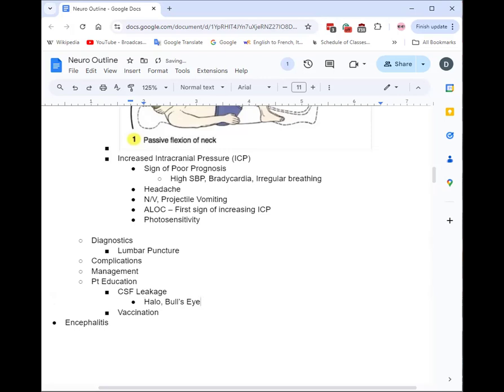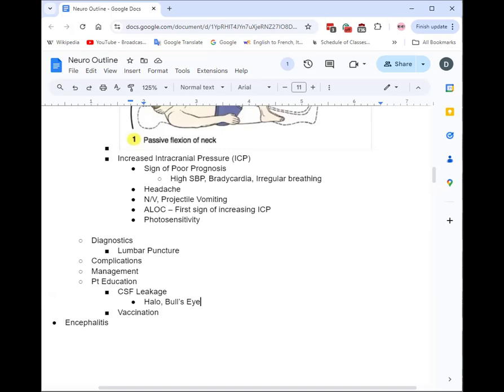Let me see if I can find a good picture of that. Hopefully I have it. Kaylin, could you find a picture of it if you don't mind? The bullseye, yeah, so they can actually know what that looks like.